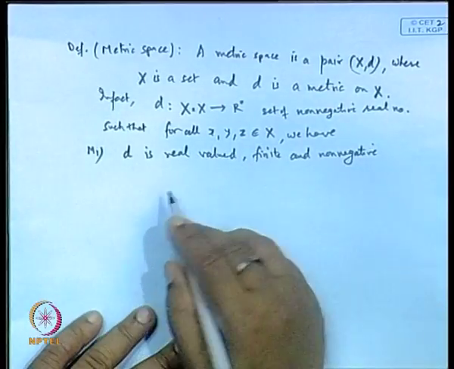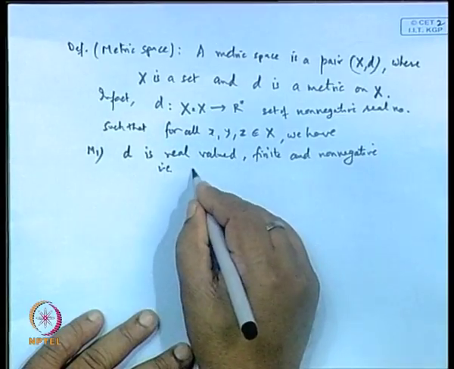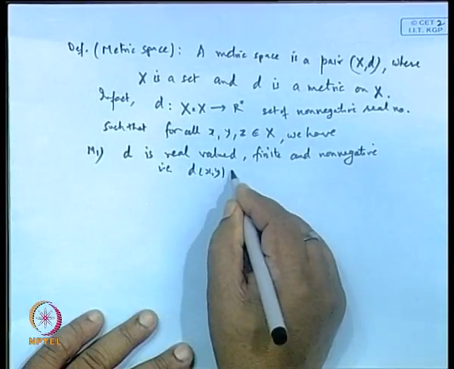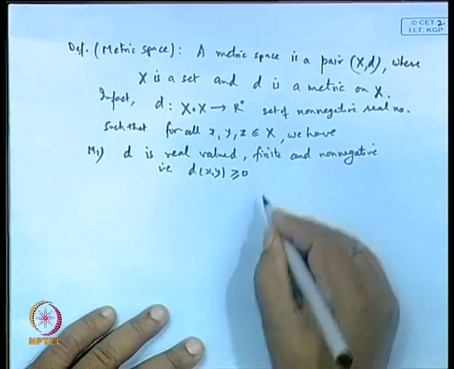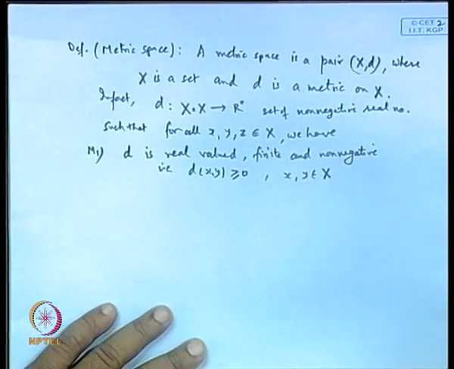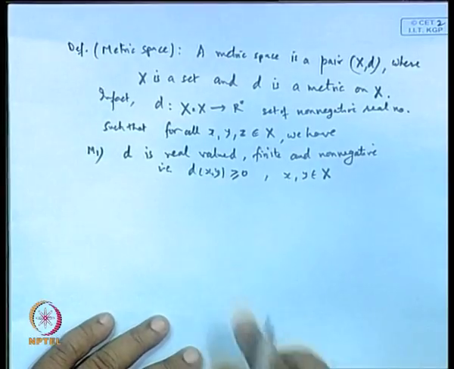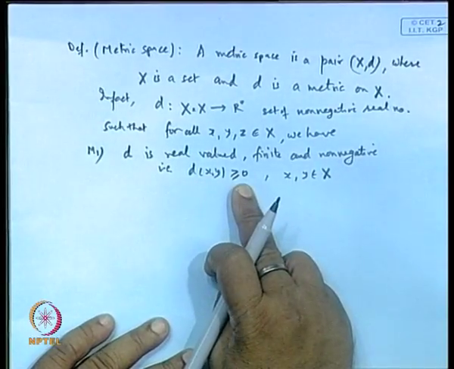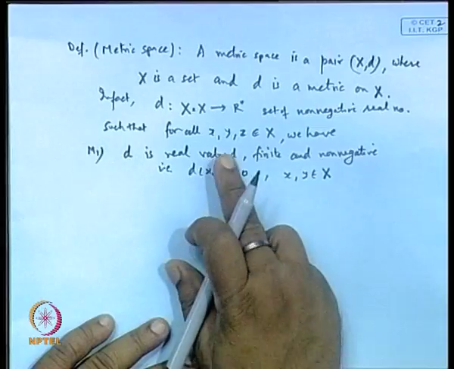That is, d(x, y) will always be greater than or equal to 0 for all x and y belonging to X. So, it is a non-negative quantity, finite and real valued.